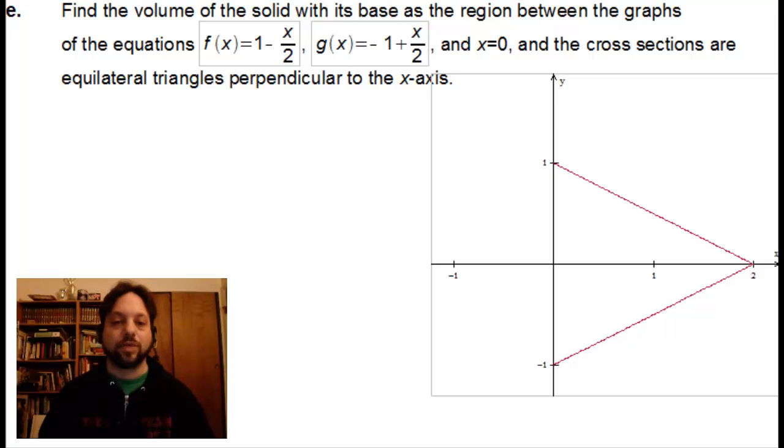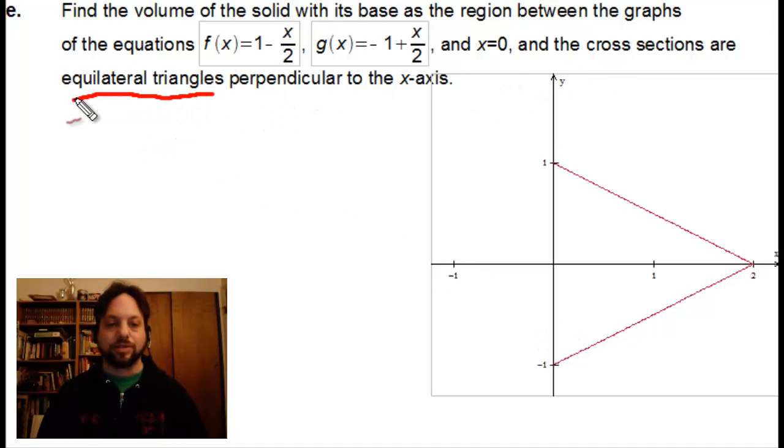So now that we've seen what's meant by a cross-sectional solid, let's go ahead and apply that knowledge here in example E, where we're given this region bounded by these two graphs in red and the y-axis, x equals 0 here. Now, according to the problem, we're going to build a series of equilateral triangles that are all perpendicular to the x-axis.